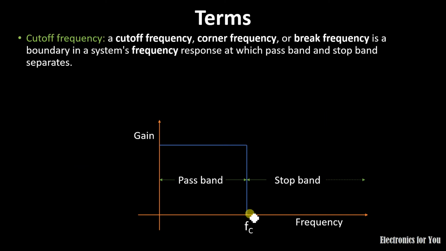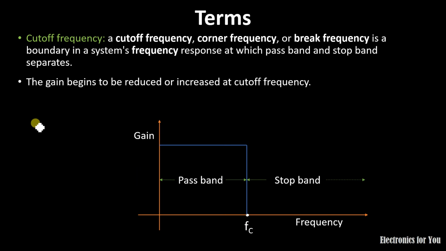The next term is related to this, that is fc, because this is the frequency where pass band and stop band are separated. It is also known as cutoff frequency, corner frequency, or break frequency. So it is the boundary in the frequency response between pass band and stop band, or it may be defined as the frequency where gain begins to be reduced or increased.